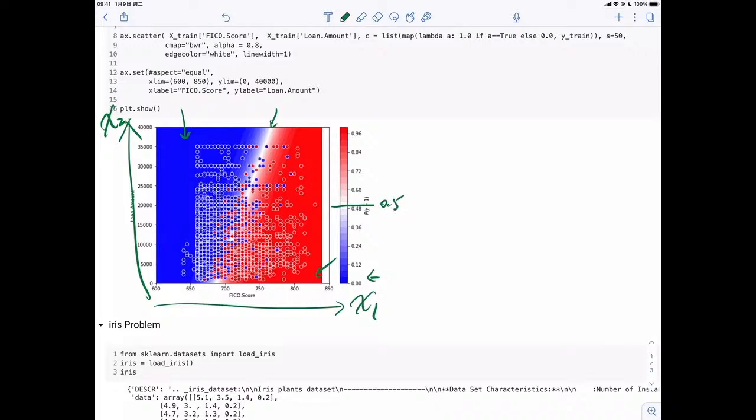So you have to imagine that at the bottom right-hand side there is a very high probability value, and it gradually decreases to 50% at the white line, and then decreases toward the upper left side. So if you input your score and your loan amount, it will tell you the probability you get a loan or not.